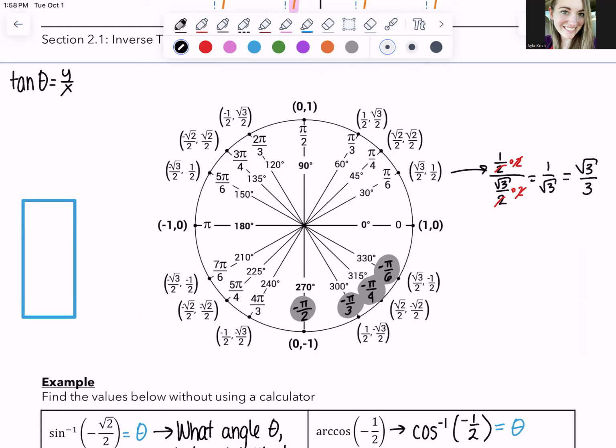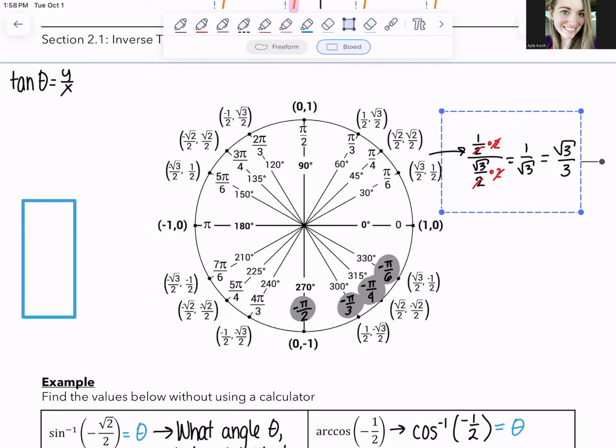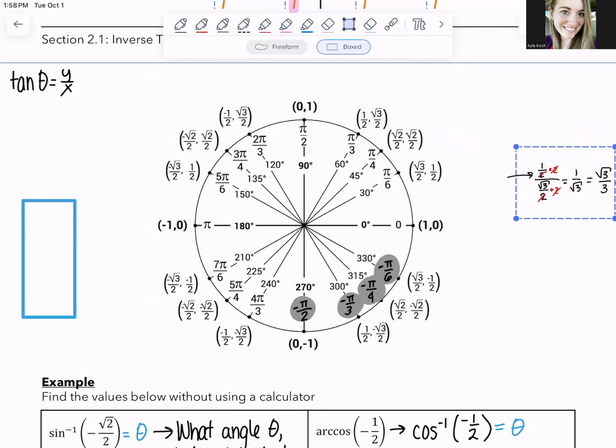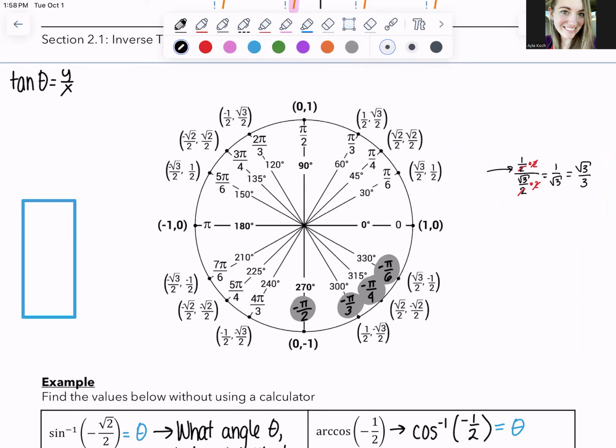So the tangent value here is square root 3 over 3. Tangent, if you think about All Students Take Calculus, is positive in 1 and 3, and negative in 2 and 4.